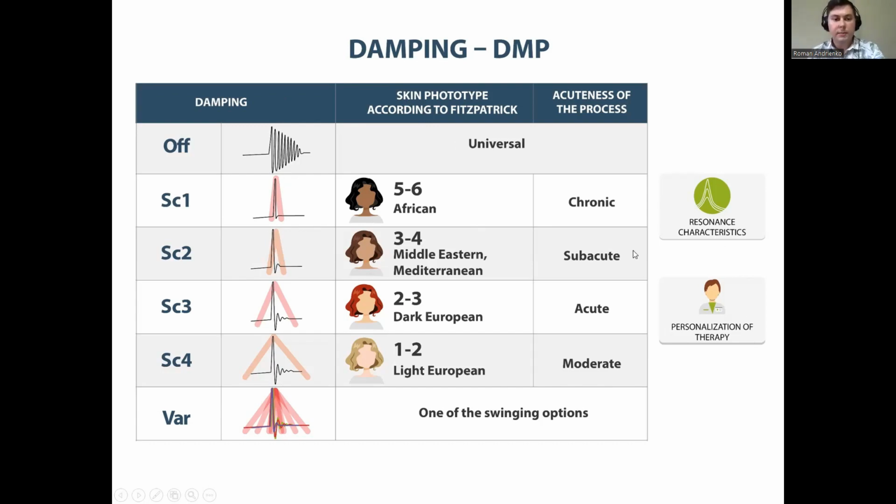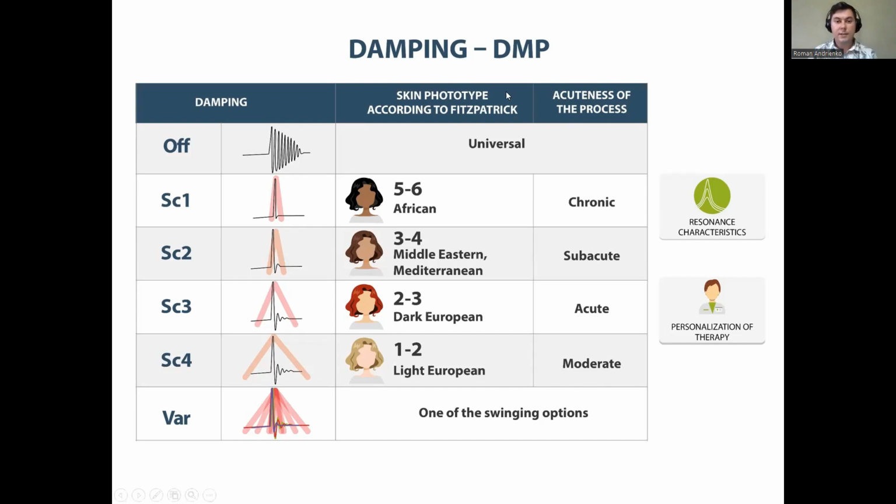So we have 4 different damping values here, as you can see. And you can use them depending on... Excuse me, my laptop is getting out of charge. Right, here we go.